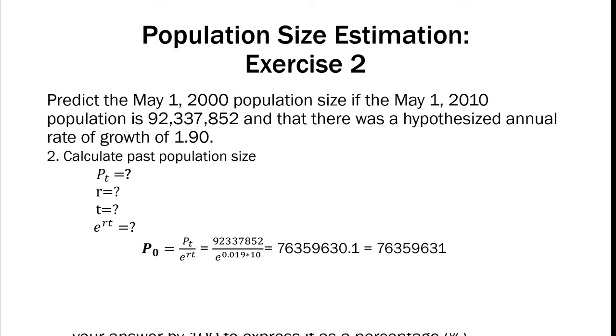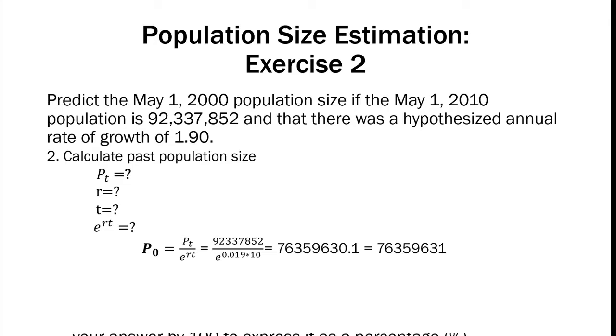So 1.90 divided by 100 gives an annual rate of growth of 0.019. All right. So now we know the components.